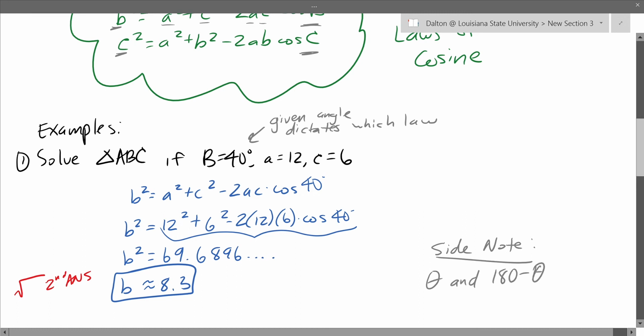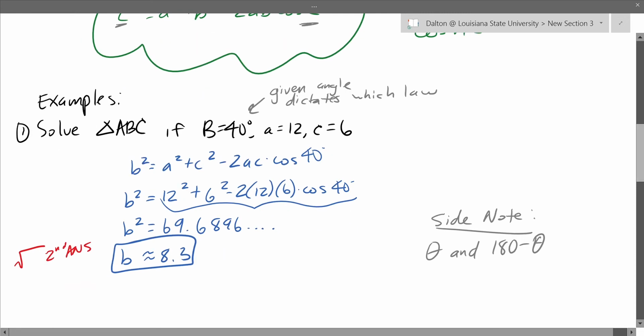And these two angles have the same sine, right? So theta and 180 minus theta have the same sine, and I don't mean like sign, S-I-G-N, positive, negative. I mean like the sine is the y coordinate, right? Because they're both in the first and the second quadrant, so the y coordinate is the same for both of those angles.